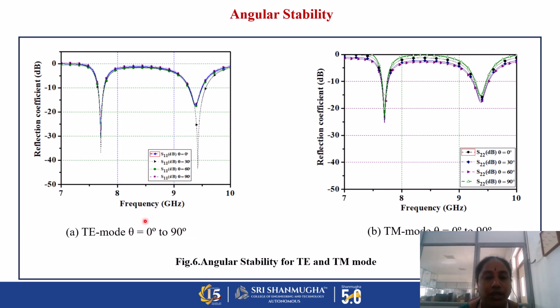For TE mode, I varied 0, 30, 60 and 90 degree. The same center frequency is attained at both bands, in C band as well as in X band. Similarly for TM mode, I varied from 0 to 90 degree, and the same center frequency, resonant frequency and the same fractional bandwidth are also maintained in the TM mode.